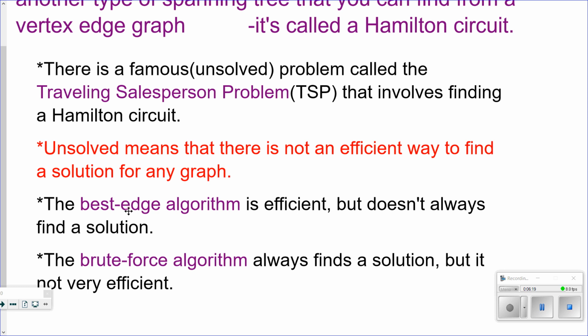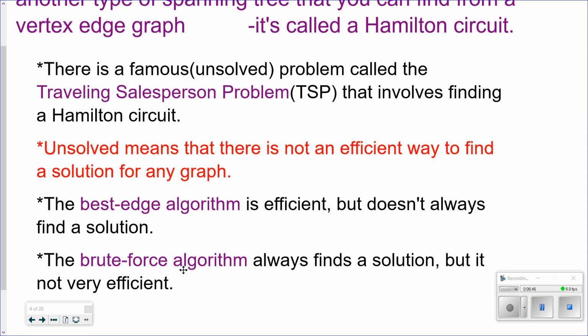There's a couple options that you can try, and one of them is referred to as the best edge algorithm, kind of like what we had before. It's efficient, like you can follow the process, but it doesn't always find the solution, meaning the best answer for the problem. There is another option called the brute force algorithm, and it always finds a solution, but it's not very efficient.